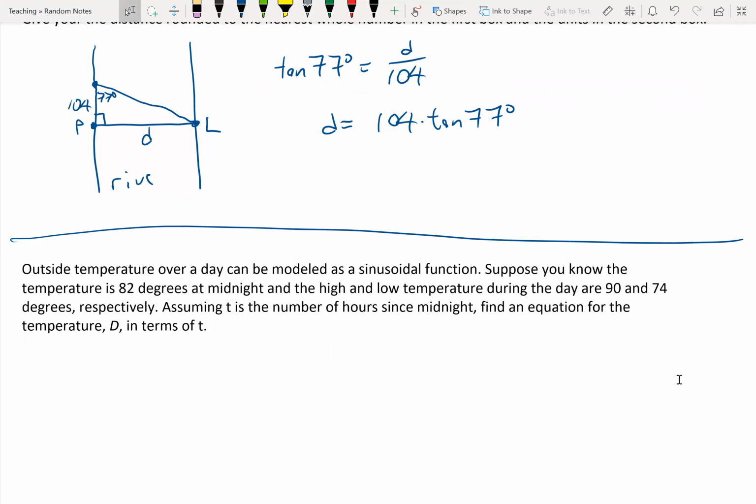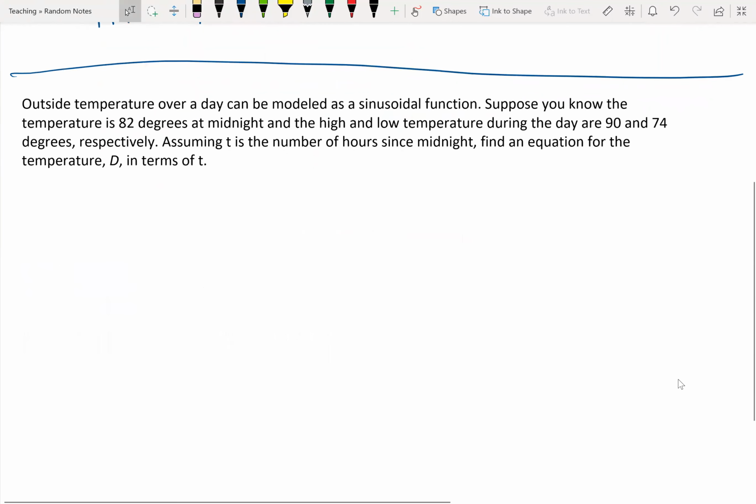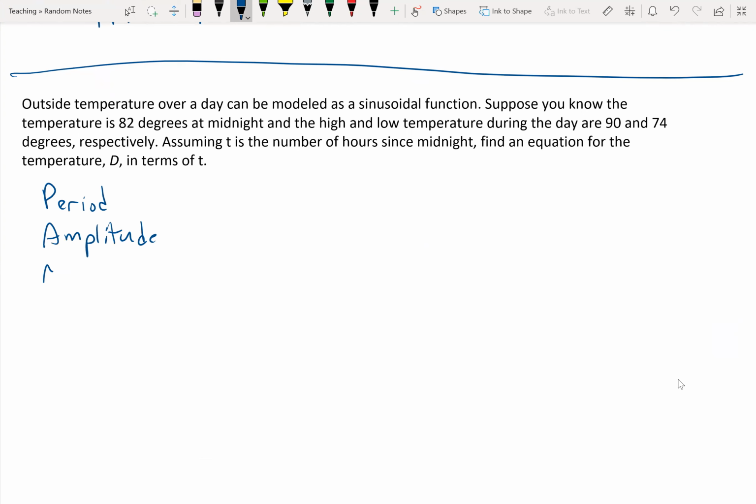So basically, for any sinusoidal function, in order to write the equation, we need to know four things. We need to know the period, the amplitude, the midline, and the phase shift, which is just a fancy name with wave motion for the horizontal shift.